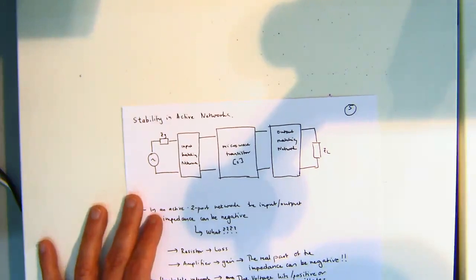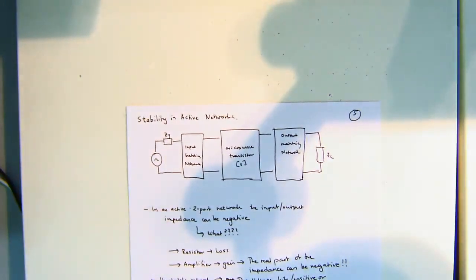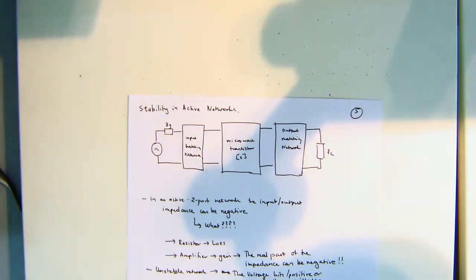And I asked for people to look at it. Essentially what I wanted you to do is go home and look at, when I'm designing a power amplifier, it's not only gain that's important. The other thing that we're going to start looking at is, depending on the type of amplifier and the amplifier structure, and in this case we're going to relate it all to scattering parameters, this system can be unstable.